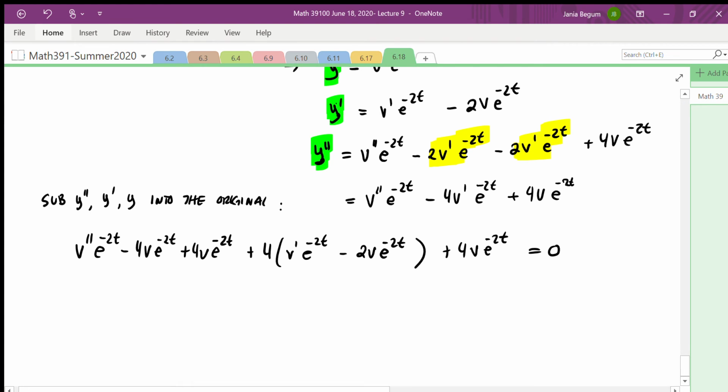This should have been v prime. Yeah, that's the typo I made. Now if you look closely, this one and this one, after you distribute, they cancel out, right? And then what else happens?